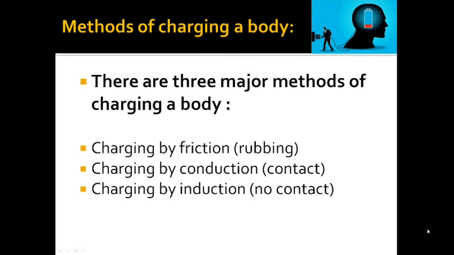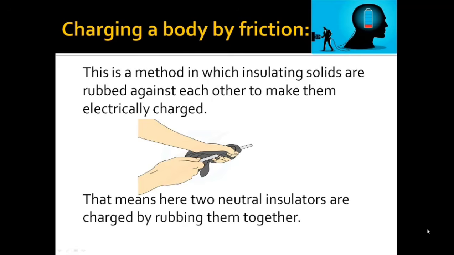I will explain all this in detail. Then the third one is charging by induction. Charging by induction doesn't require any form of contact between the body that is to be charged and the body that is charging it. Now let's look at them one by one.